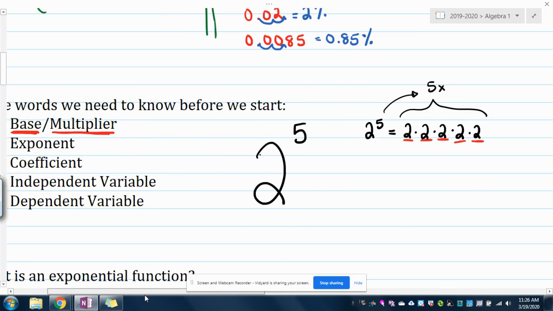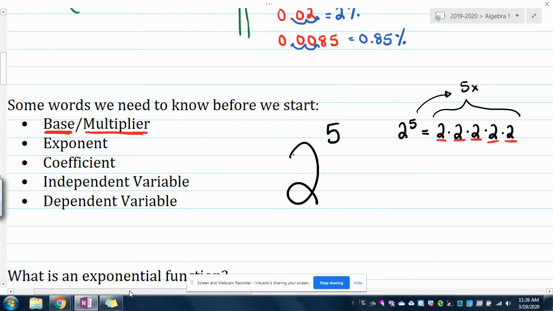So it is the multiplier because multiplication is the operation of exponents. You are not multiplying 2 by 5. You are multiplying 2 by itself 5 times. That is important. I'm going to write that down: 2 times itself 5 times.